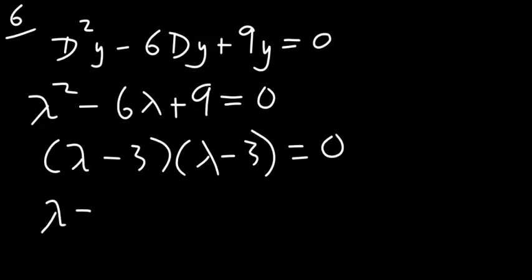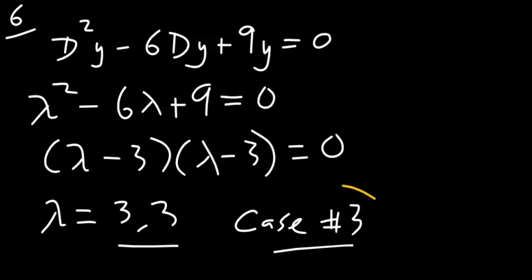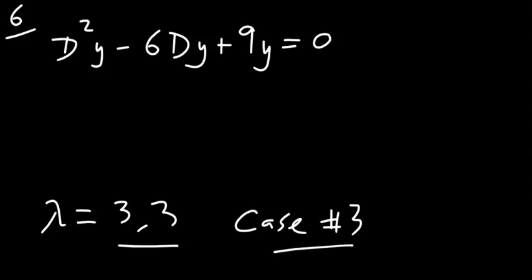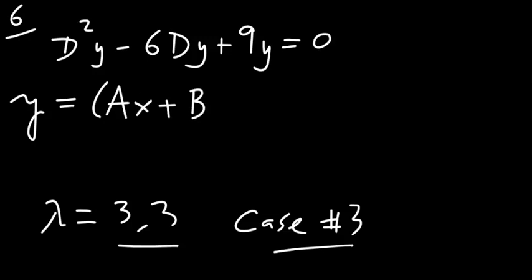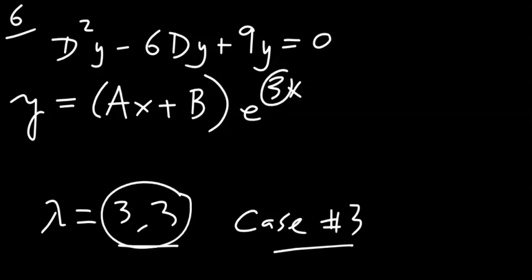So in this case, the two lambdas are identical. They are real, but they are identical. And this corresponds to case number 3 in our earlier discussion. That means the complementary function that gives the general solution to the above differential equation is as follows: a, which is an arbitrary constant, x plus b, which is another arbitrary constant, times e to the power 3x, where the 3 comes from the solution of the auxiliary equation. And that solves this problem.